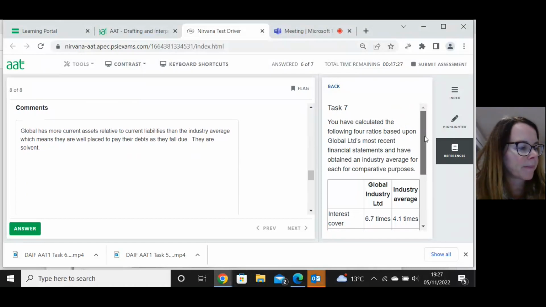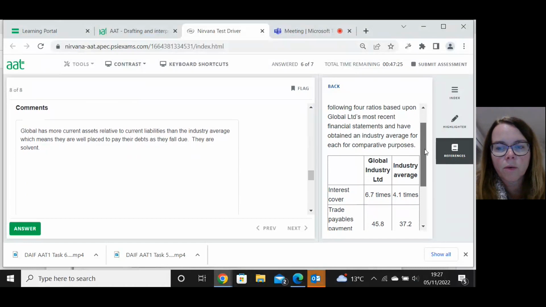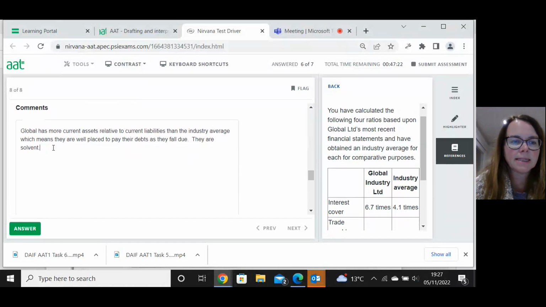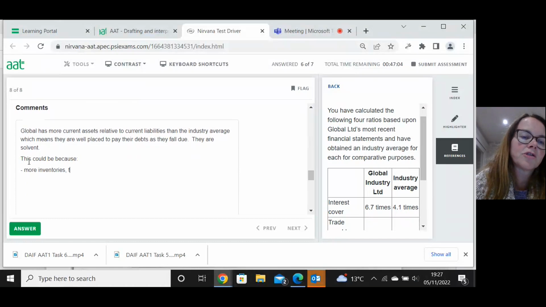So why might this be? So I would then go, oh, what's happening here? This could be because, and we can use our bullet point approach, they have more inventories, trade receivables, and or cash.